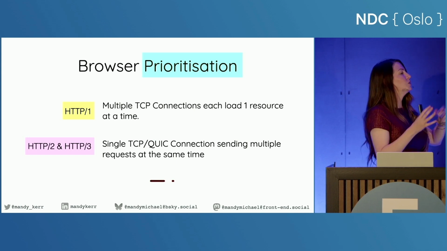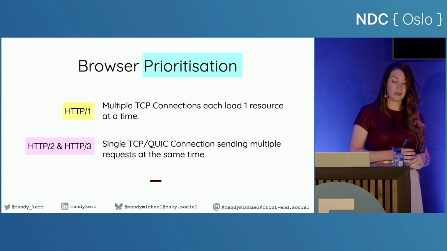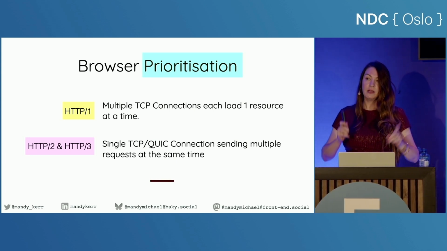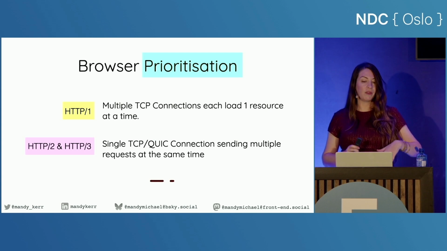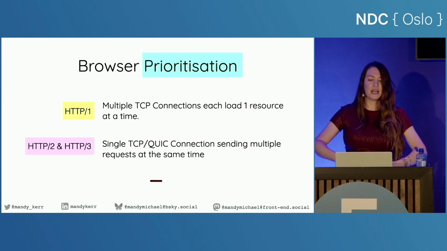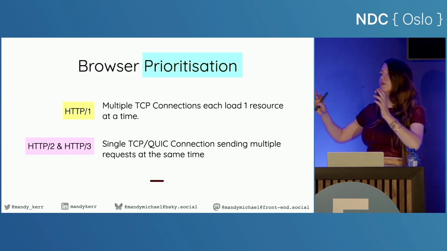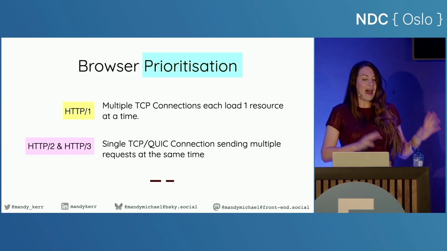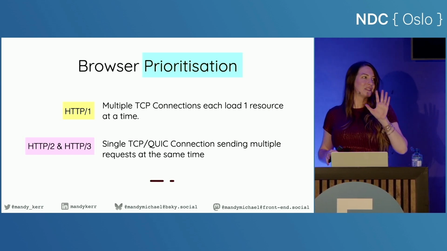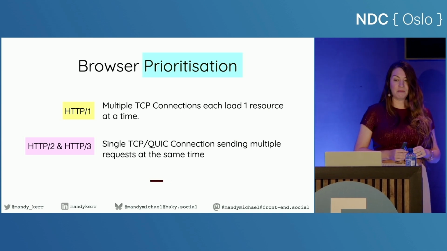So prioritization was based on whatever was requested first. However, in HTTP 2 and HTTP 3, rather than multiple connections, it was typically changed to a single connection with multiple requests. But that doesn't mean that all the requests can be responded to at the same time.